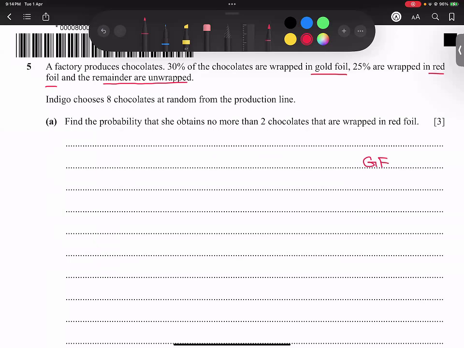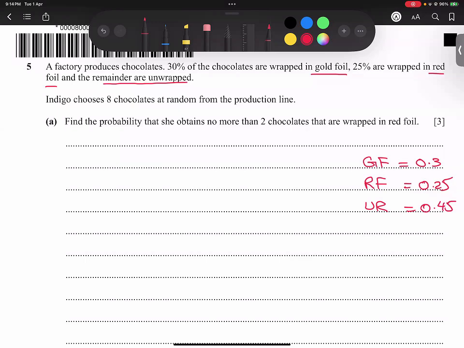Okay. And how many are these? 30%. So I can say 0.3. All right. And red foil, RF, is 25%, so 0.25. All right. And UR stands for unwrapped, and how many, if you subtract from 100 or from 1, I get 0.45.